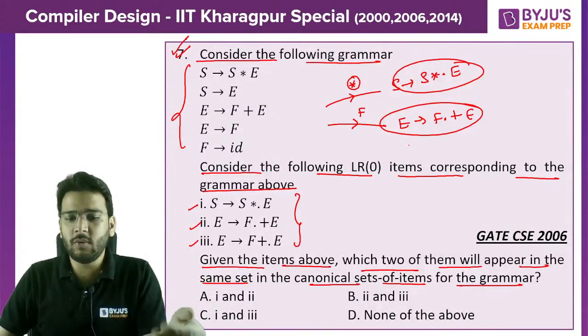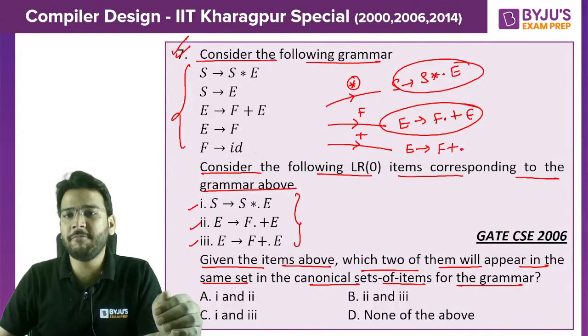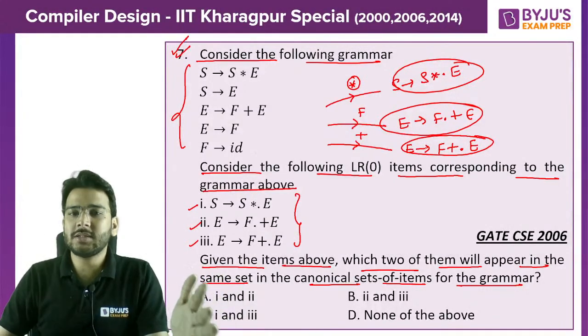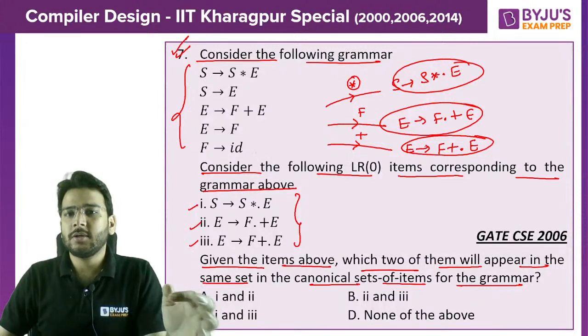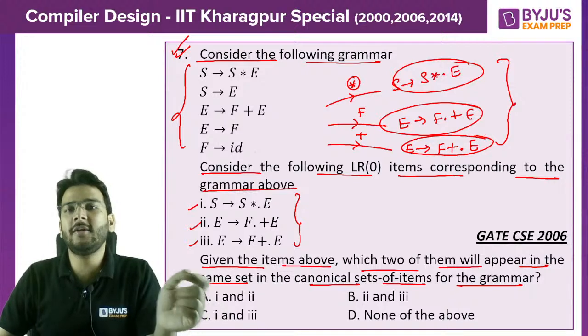Not possible. Can you have these two in the same set? Not possible at all. What about the next one? If you have shift on plus, then only you are going to get F plus dot E, because you are going to shift on this terminal plus. That means there is no chance that you can get all these in one set.